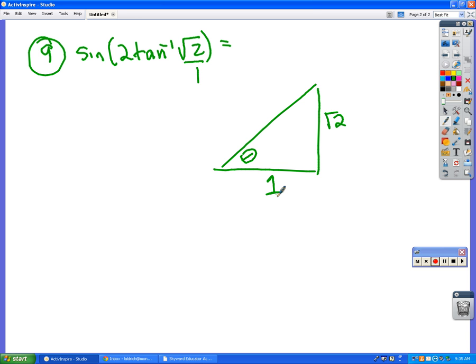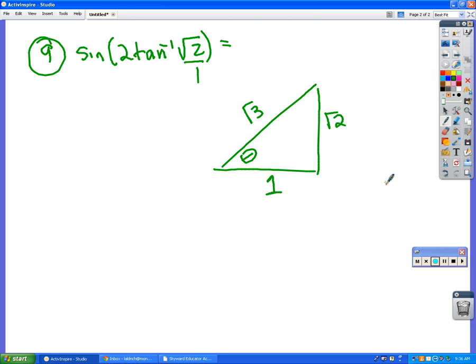Why did you not do a 45, 45? Because it's not the hypotenuse, it's just the 90. Next question. We haven't got there yet.